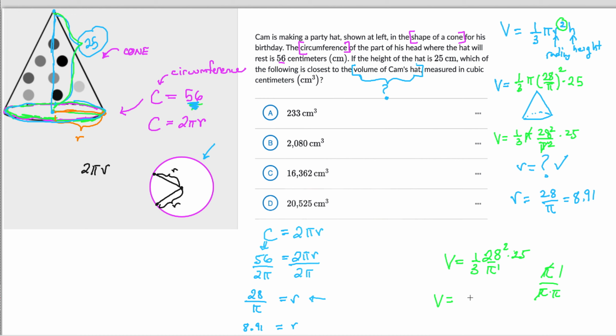And what you get here is 2,079.6. And that rounded, it says, which is the following closest volume. This value is very close to 2080. So B is your correct choice.